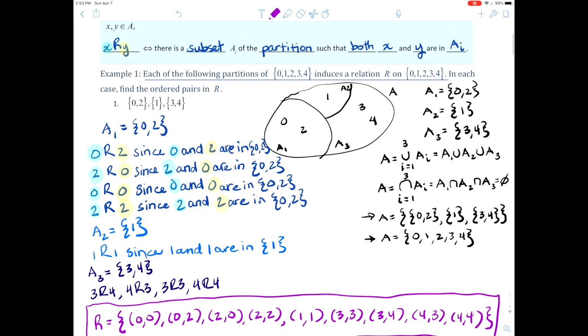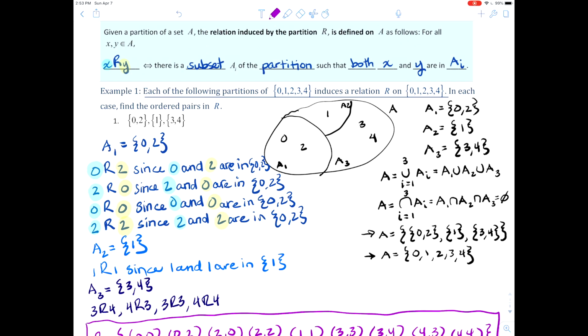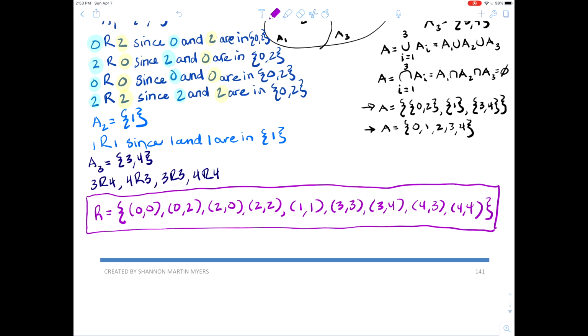And remember, what is this called? It's the relation induced by this partition R. So the relation induced by the partition is equal to the set of all of these ordered pairs. Groovy? All right.